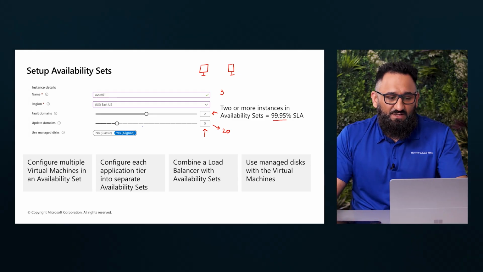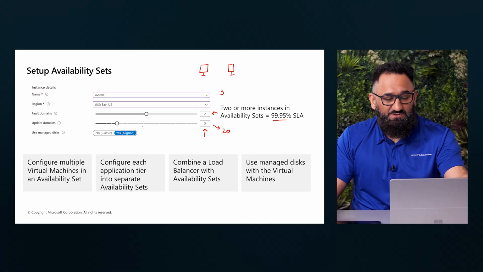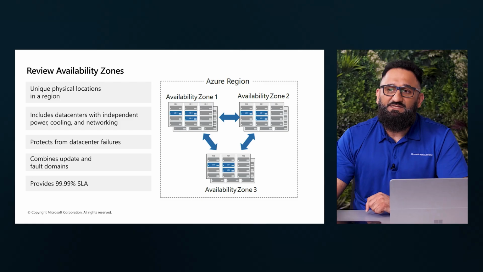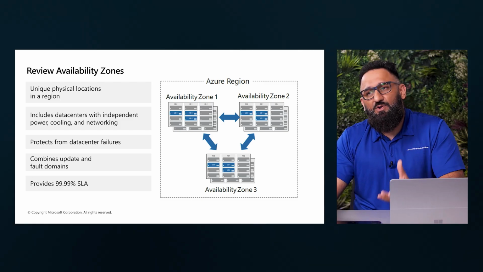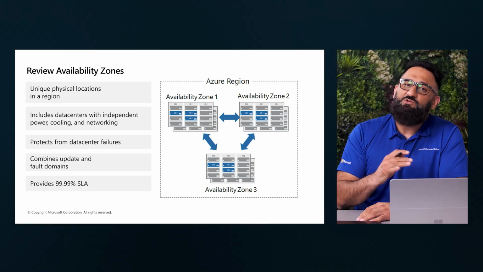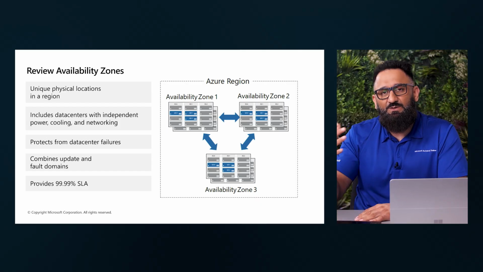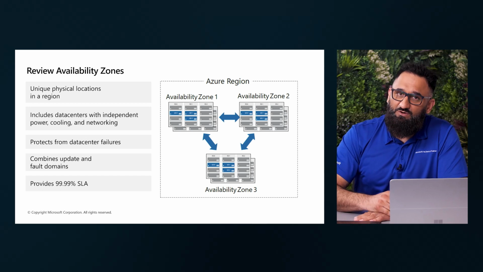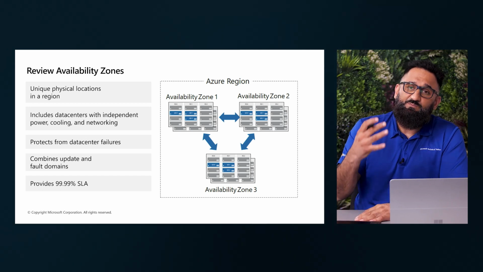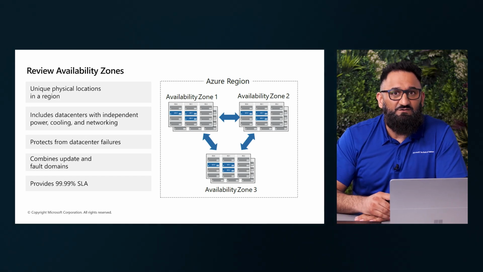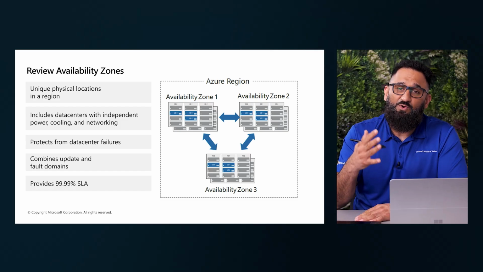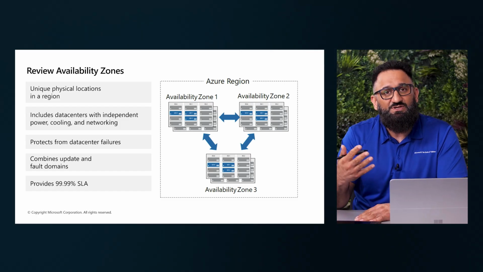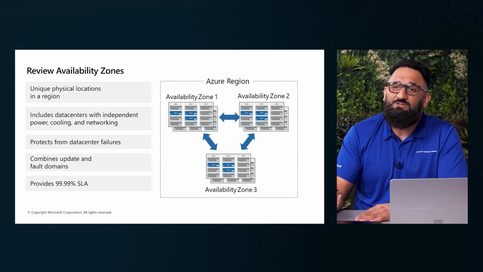Now, the second option that we can look at before we jump onto the portal and try both of these options is talking about availability zones. We have spoken about availability zones a few times in the course, particularly in module 2, looking at the core architecture of a region. Then we spoke about something similar in our storage section when we spoke about data redundancy, choosing zone redundant solutions.